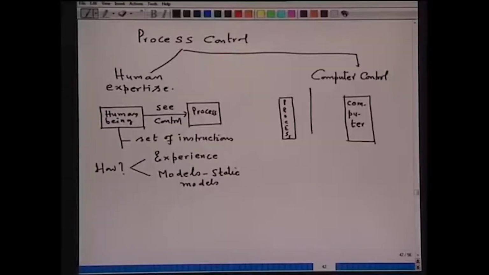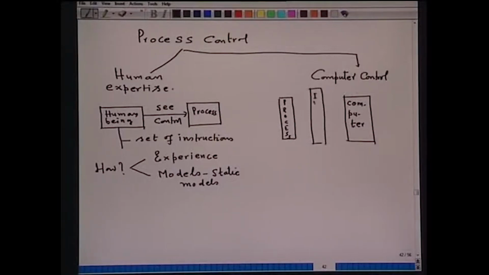Then the process and the computer both should be able to talk to each other. That is, the process should be able to tell the computer that I have these problems, and the computer should be able to tell it that because you have these problems, this is the step that you have to execute. So, in fact, the process and computer both should talk to each other. Now, both cannot talk in this way. So, what is to be done? For that purpose an interface is to be developed.